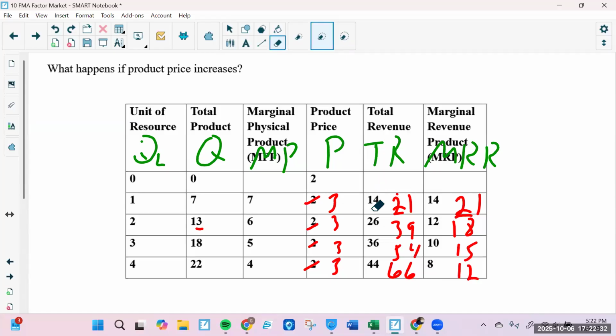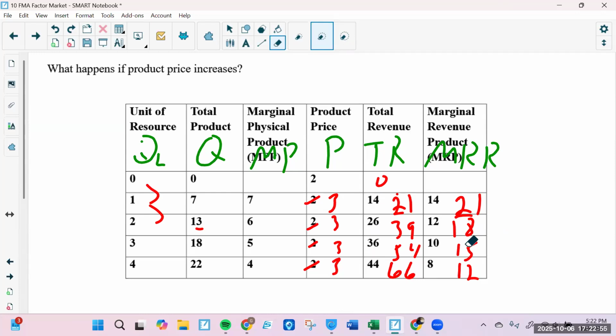Or we could have done the change in total revenue divided by the change in quantity of labor. So 21 minus 0 is 21 divided by 1 minus 0. 39 minus 21 is 18 divided by 2 minus 1. So it's always divided by 1 over here. So anyway, there's two different ways of calculating MRP.